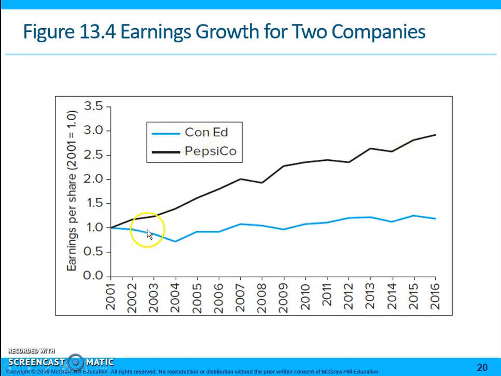I think Con Ed's earnings growth in this chart is in the neighborhood of 20% or something of that nature, and PepsiCo's is just shy of 300% on this chart. Which is not surprising. We would expect that PepsiCo would grow at a much greater rate than a utility would.